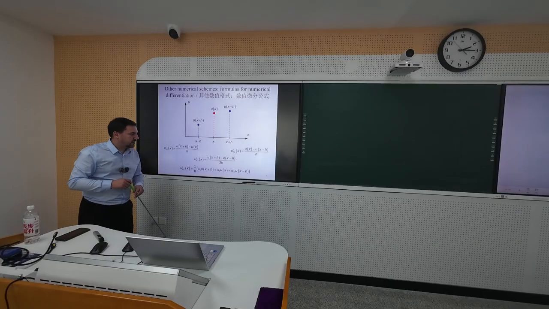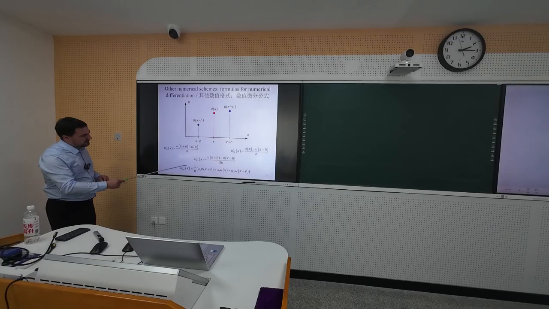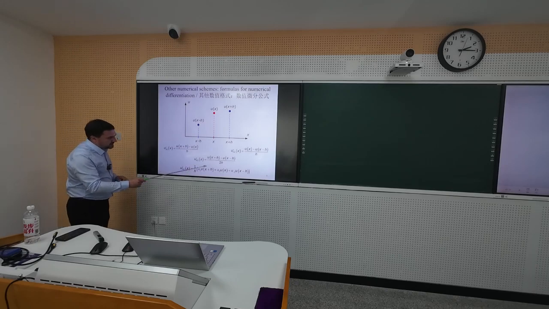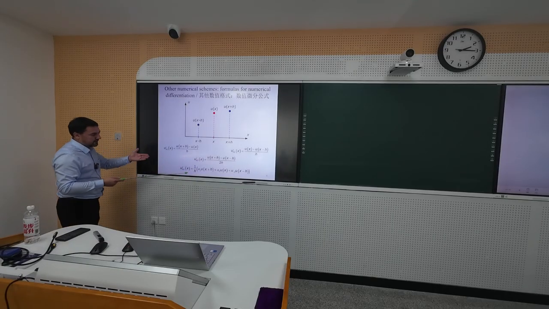So generally speaking, we can propose that the first derivative can be approximated using this formula: 1 over h, times alpha_{-1} u(x minus h), plus alpha_0 u(x), plus alpha_1 u(x plus h), with some coefficients alpha. You can see that all these three formulas correspond to this general formula for different coefficients alpha.